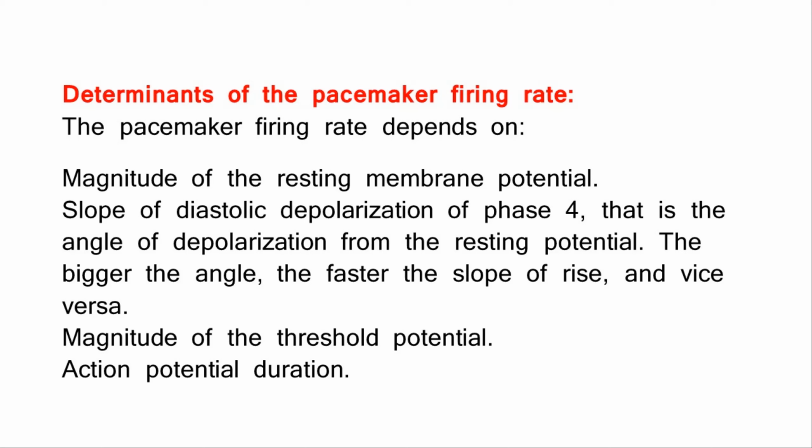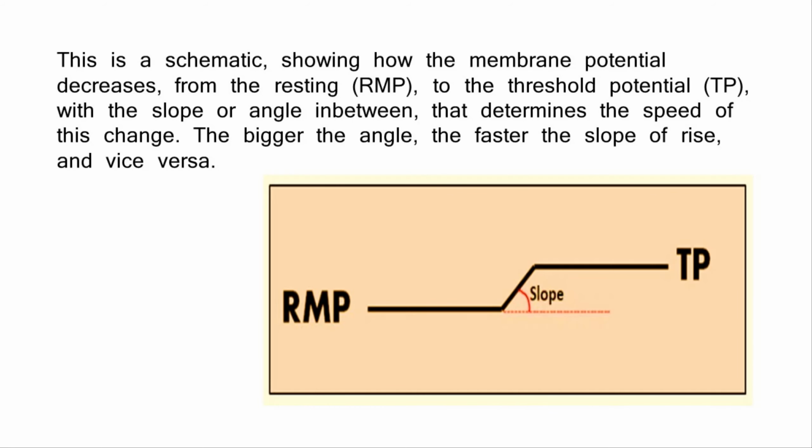Action potential duration. This is a schematic, showing how the membrane potential decreases from the resting, RMP, to the threshold potential, TP, with the slope or angle in between, that determines the speed of this change. The bigger the angle, the faster the slope of rise, and vice versa.